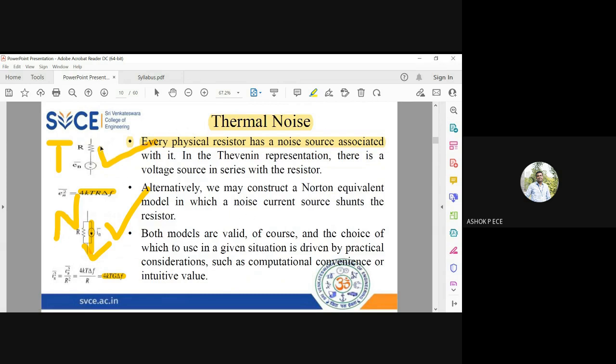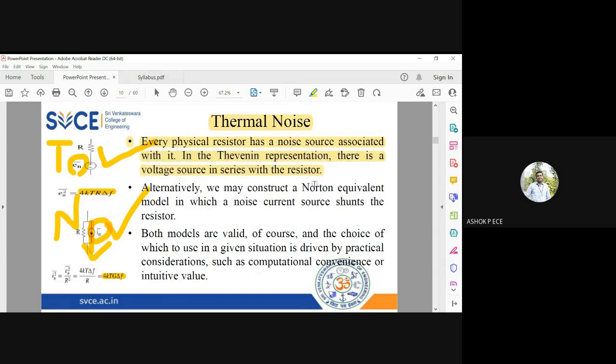Okay, so these are some of the mathematical models available to quantify your thermal noise. Again, in all these expressions, En bar and In bar are not instantaneous values. They are the root mean square values of voltage and current which are observed for a long period of time. As I said, noise will not have a single value. It is going to vary instantaneously, right?